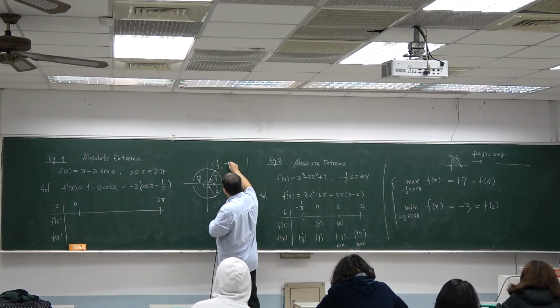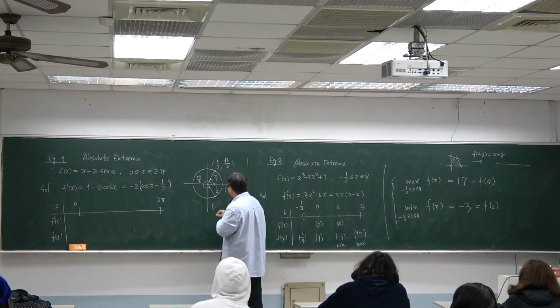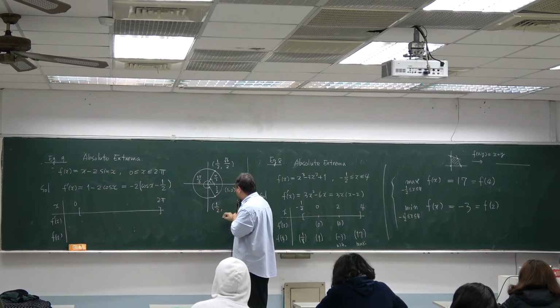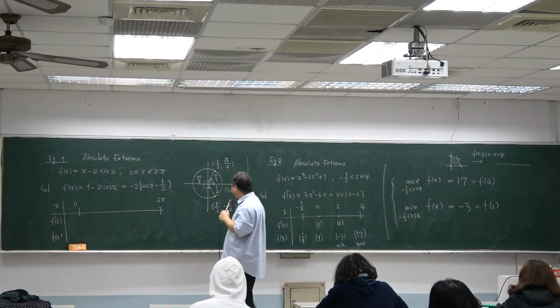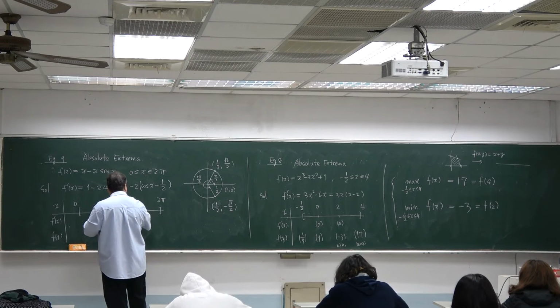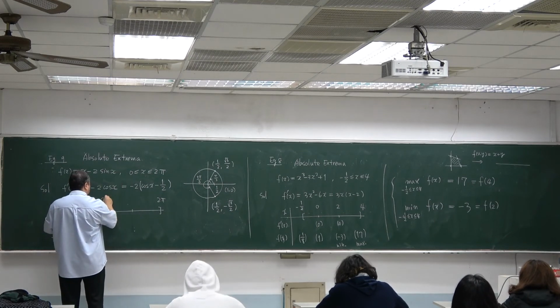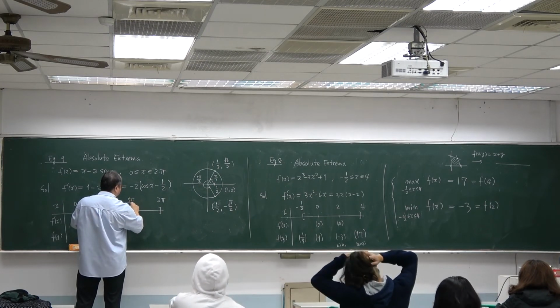Sine will be square root of 3 over 2. And the coordinates of this point are 1/2 and square root of 3 over 2, and 1/2 and minus square root of 3 over 2. This is sine pi over 3, and this is sine 5 pi over 3. So if this is 0, then under this condition x equals pi over 3 or 5 pi over 3.